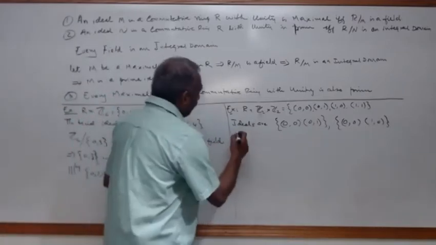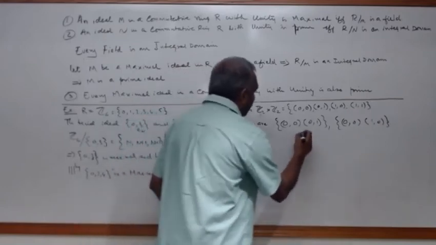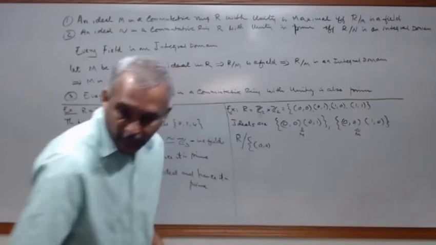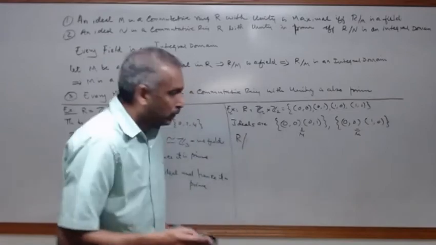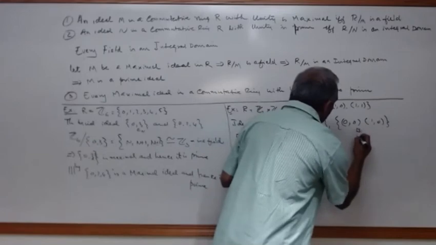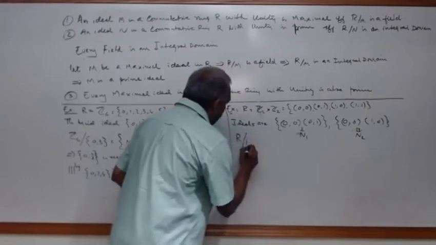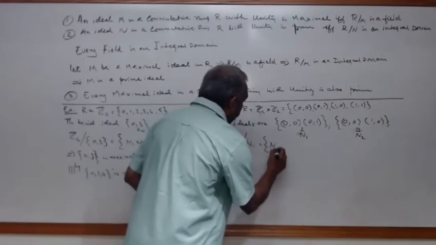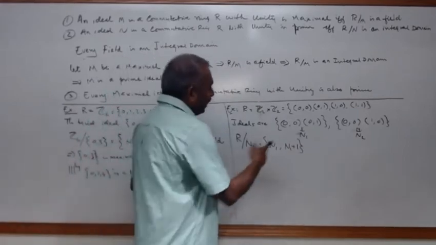Again, if you take the quotient, let's call these n1 and n2. R over n1 is equal to n1, n1 plus (1, 0).